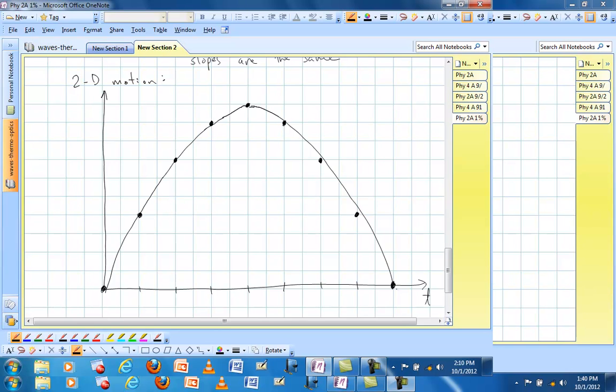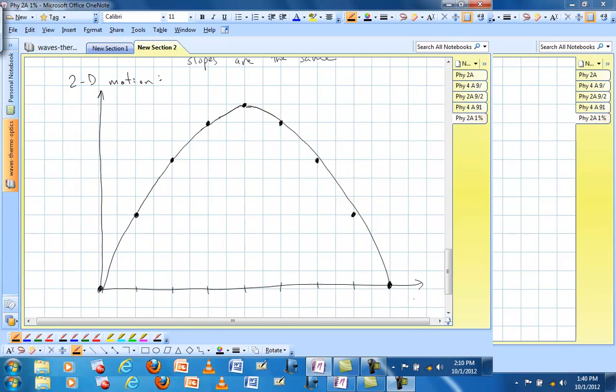Oh sorry, this is not time. This is x, and this is y, and that's the path that it takes, and those dots are spaced at equal time intervals. This is a motion diagram in two dimensions.